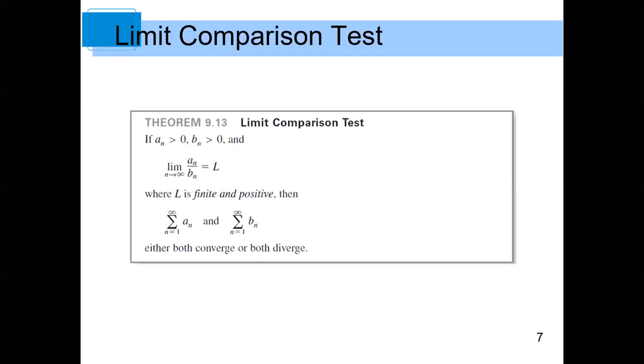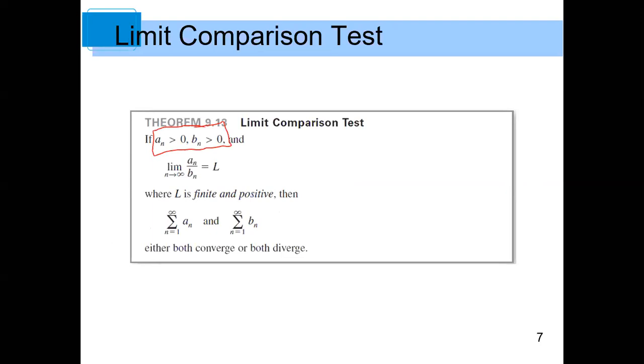I'll come back and use that in just a minute. But the limit comparison test says if, once again, we're assuming that we are dealing with positive terms only. All the terms have to be positive. And if the limit of the ratio of the terms is some constant, okay?